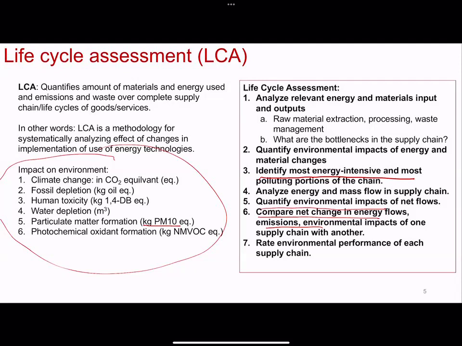And then also there are things like 1,4-dichlorobenzene equivalent, oxidant, volatile compounds that get formed. So there are different ways of talking about equivalents. We'll talk mainly about CO2 equivalent, so CO2e, as it's referred to, and also particulate matter formation in our discussion of LCA.